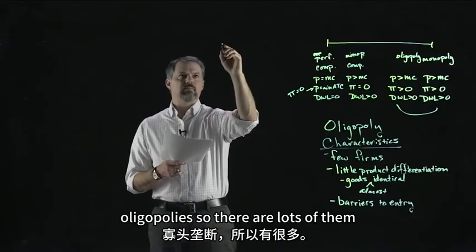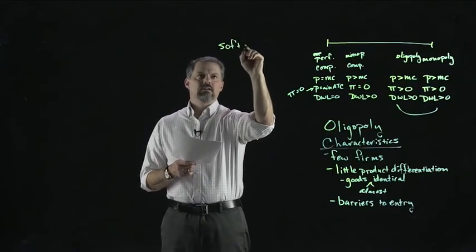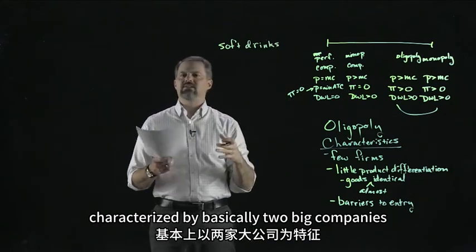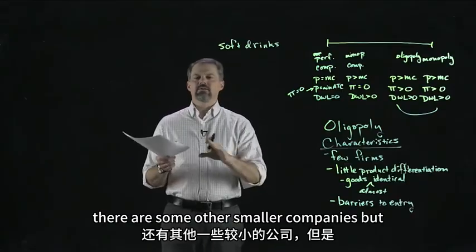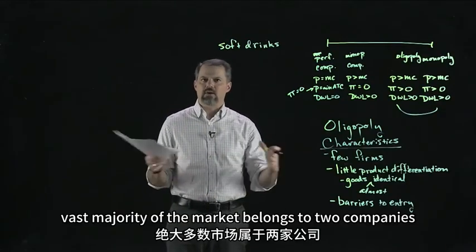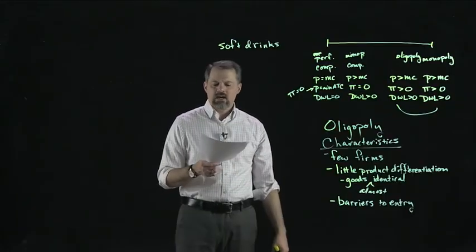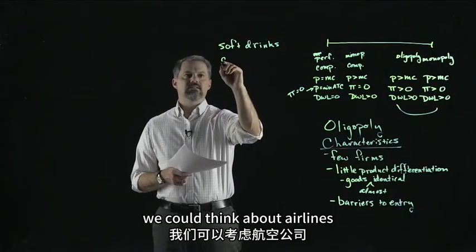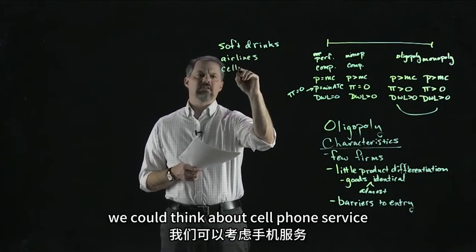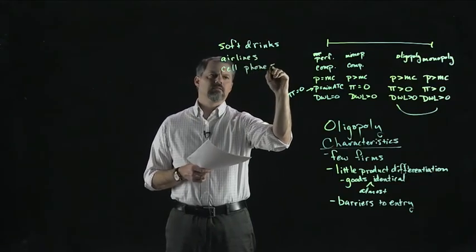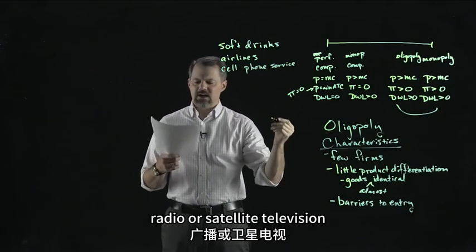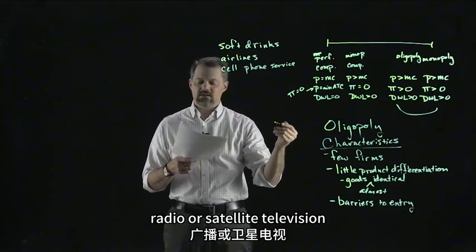There are lots of them. Soft drink industry, characterized by basically two big companies, Coke and Pepsi. There are some other smaller companies, but a vast majority of the market belongs to two companies. We could think about airlines. We could think about cell phone service. Or we could think about something like satellite radio or satellite television.